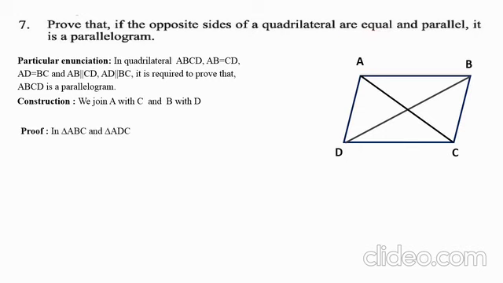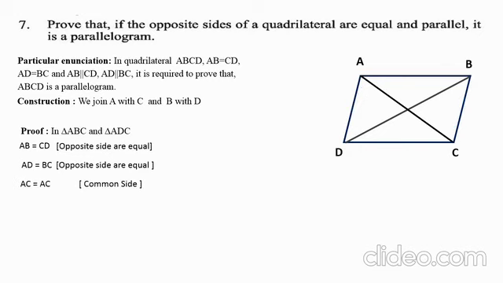We consider two triangles ABC and ADC, where AB equals CD as opposite sides are equal, AD equals BC, opposite sides are equal, and AC equals AC, which is a common side.